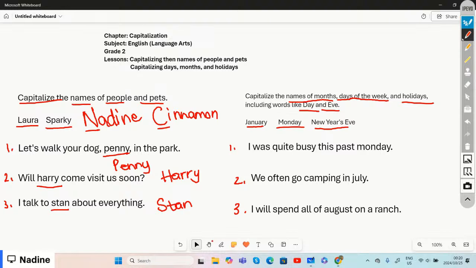Whether it's a day of the week, a month of the year, or a holiday, it says, I was quite busy this past Monday. What word do we have to identify to capitalize?